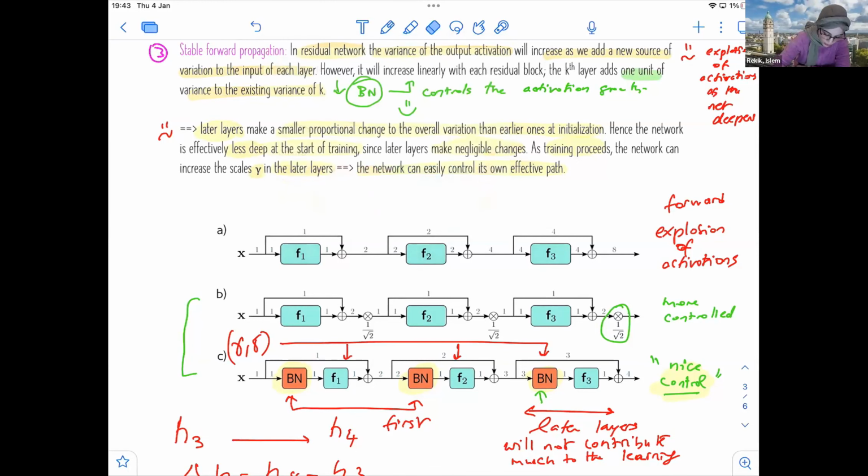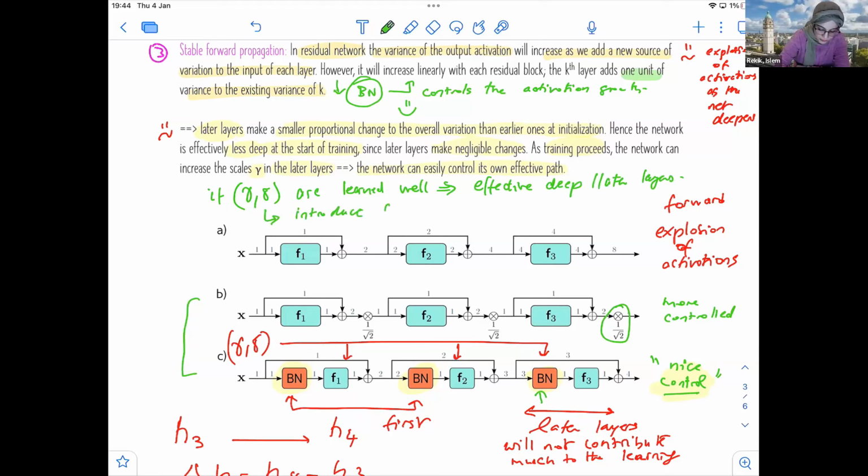So if delta and gamma are learned and optimized well, then we can have effective deep or later layers, because they will introduce a sort of controlled variance, okay? Controlled variance is an important word here because we want to control the variance.